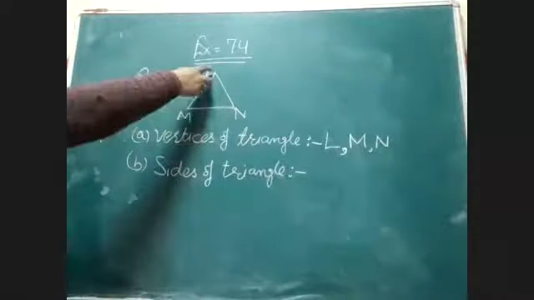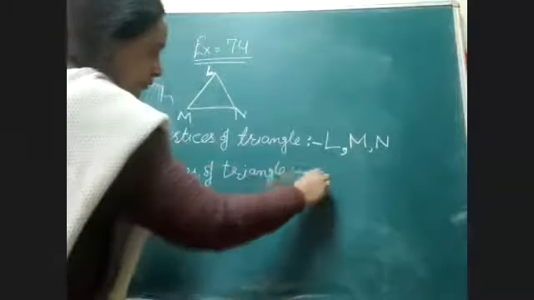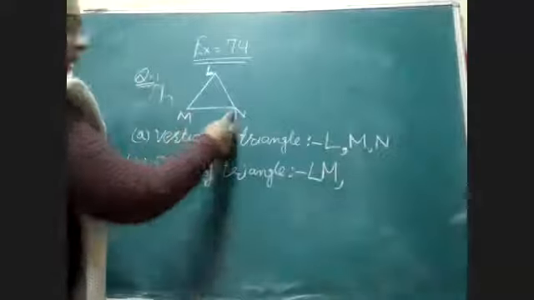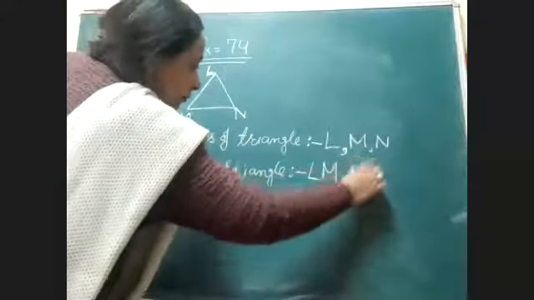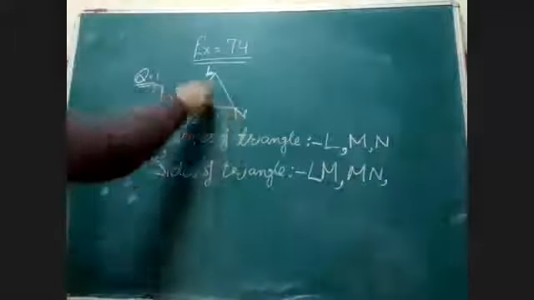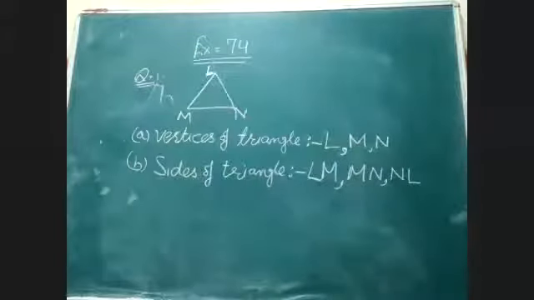First is LM. Second side MN. And third is NL. These are the three sides of this triangle.